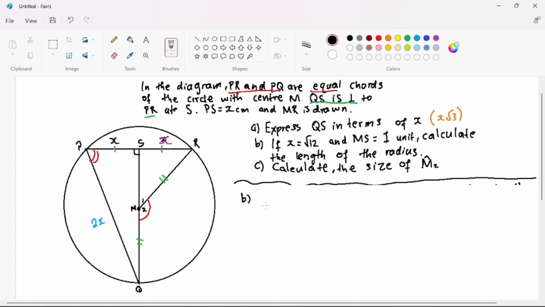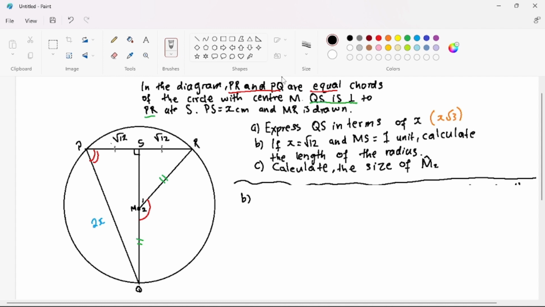So on our next question, guys, which is B, they are saying if x is equal to root 12. Let's erase everything that's with x, because they are telling us that x is actually equal to root 12.